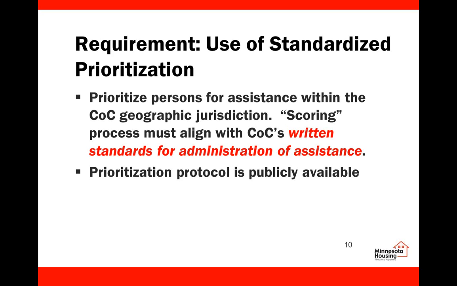These written standards need to be very clearly established, publicly available, and the continuum of care is encouraged to revisit them on a regular basis to ensure that the allocation of fixed continuum of care resources continues to meet the alignment of demand for clients coming into the system.